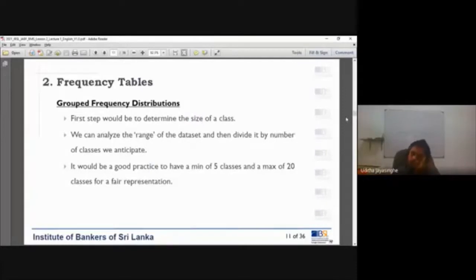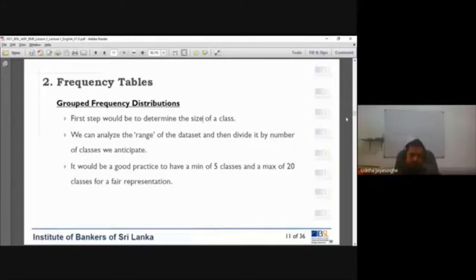So the best practice would be to treat the classes with an equal range, the class intervals to be equal. Why? Because it's very easy to compare. It's not wrong to represent otherwise, by the way, but if you represent from 0 to 20 and then 20 to 22, 22 to 25, and then 25 to 75, likewise in different sizes of classes, your output is going to be very much distorted.